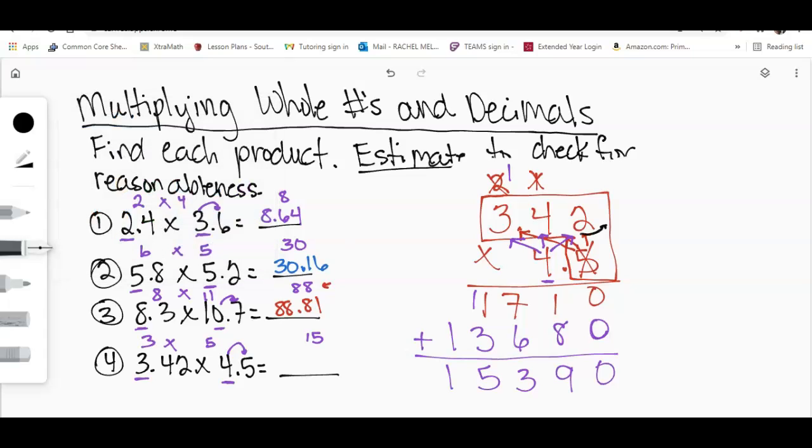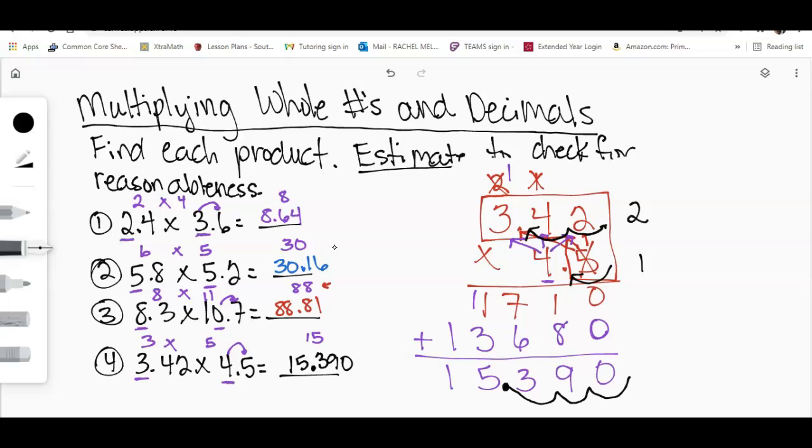This factor actually goes over 2 places. And then this factor goes over 1. So 2 plus 1 is 3. So I start here and I go over 3 places. So my answer here is 15 and 390 thousandths. Okay, is that close to 15?